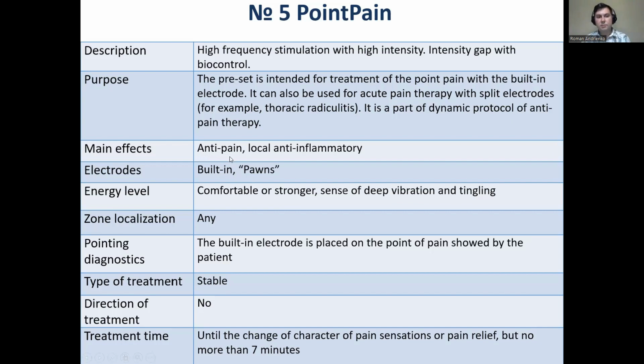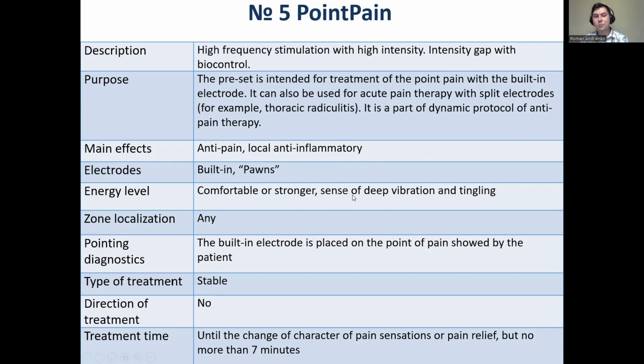Main effects include anti-pain and local anti-inflammatory effect. It is intended for metal electrodes, setting a comfortable energy level or stronger. We need to, again, achieve the sense of deep vibration and tingling. Any localization of the zone.